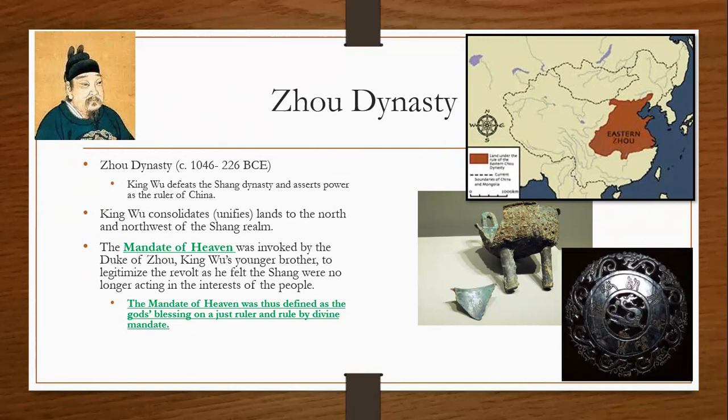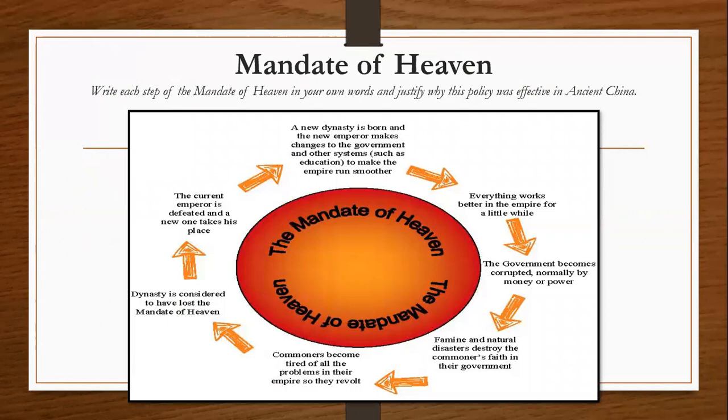It's basically defined as the Zhou having the blessing of the gods, the right to rule by heaven, because that's how they were able to come to power, because they had the support of the gods. And there's a weird cycle that goes with it.